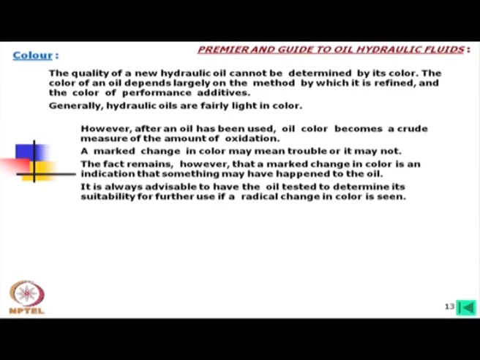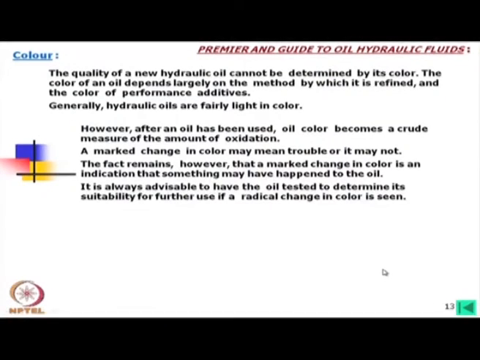So, that gives an indication that there is something wrong in the system, not only the oil, in the systems also. So, to become expert in knowing the color of the oil, to guess what might be the problem, is a good experience.